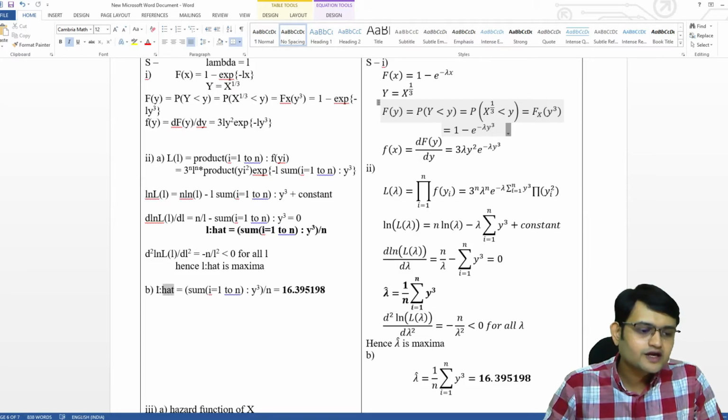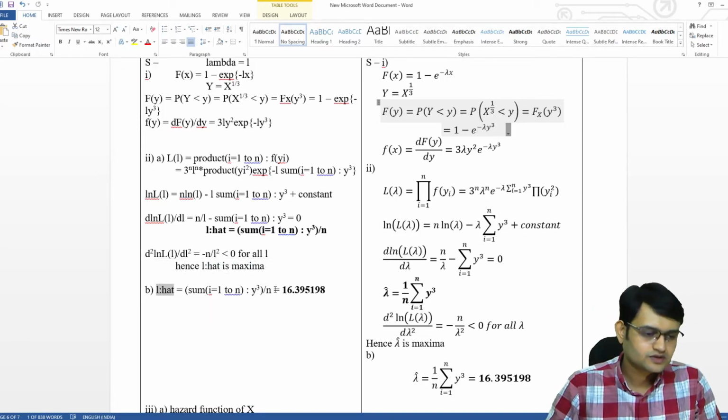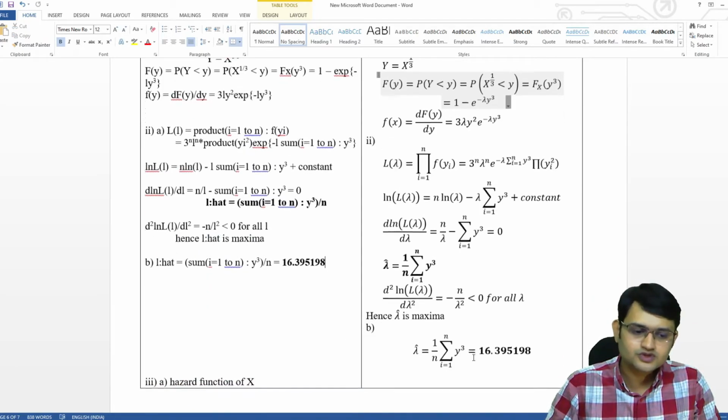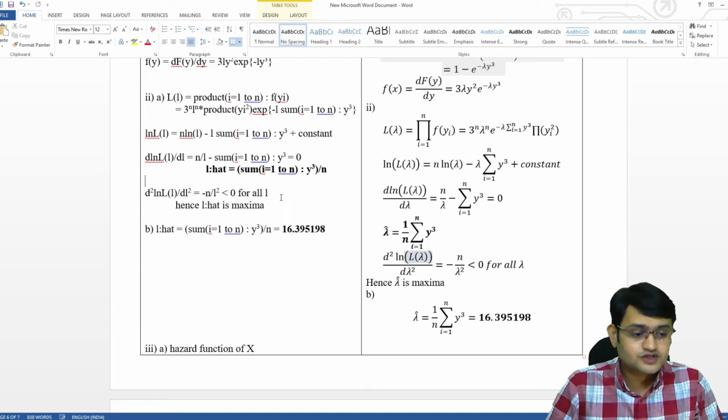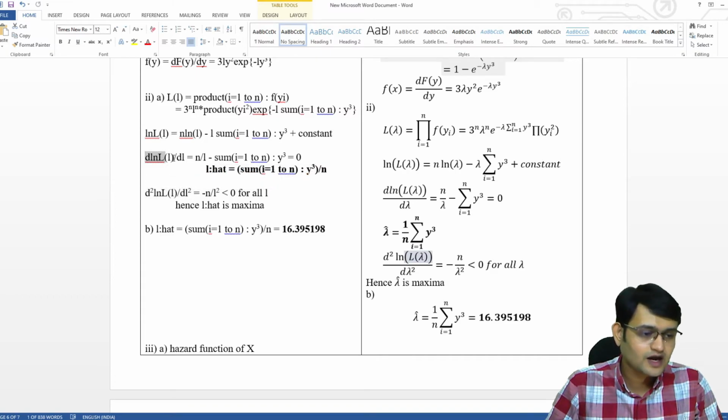If you are not writing using equation editor, you can just write lambda and then hat, or L hat. That works too. Writing differentiation is much easier using equation editor than not using equation editor, especially the double differentiation, and writing these values or actually differentiating is much easier using equation editor.